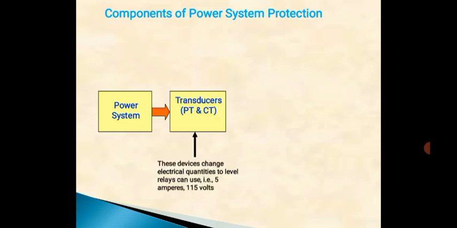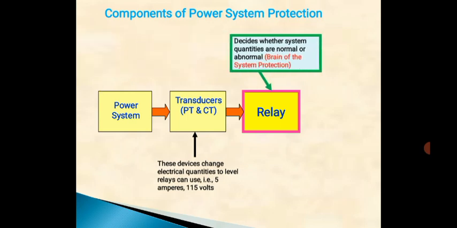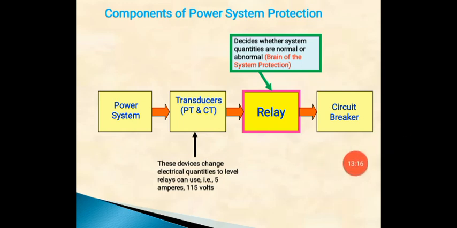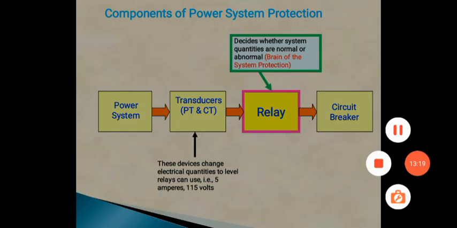Components of power system protection. These are the different components. Power system transducers consist of potential transformers and current transformers. Relays: the relay is the main component, and normally it is connected to the circuit breaker.